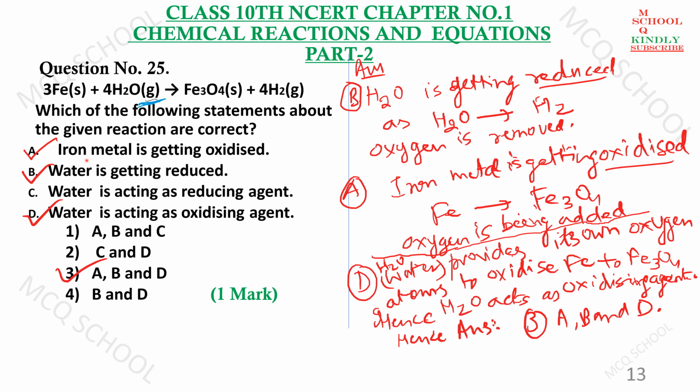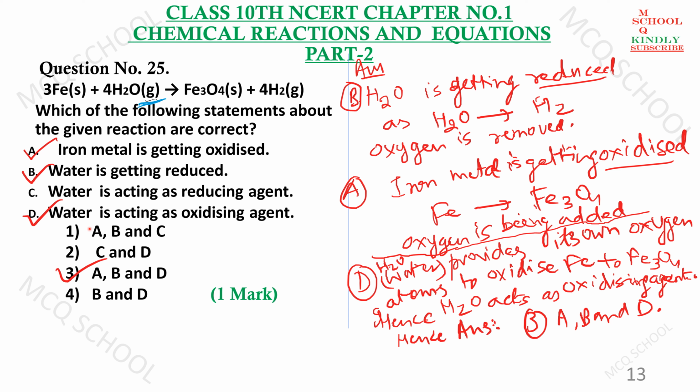At first, A, iron metal is getting oxidized. Yes, because iron is converted to ferric oxide. B, yes, because water is getting reduced: H2O in the steam form is reduced to hydrogen, as oxygen is removed.